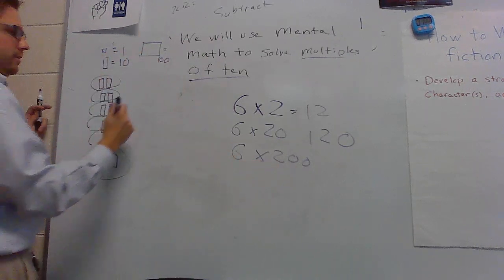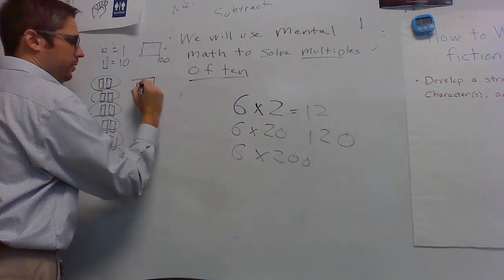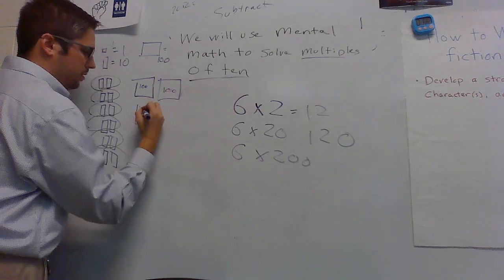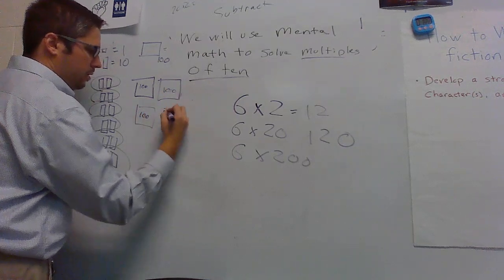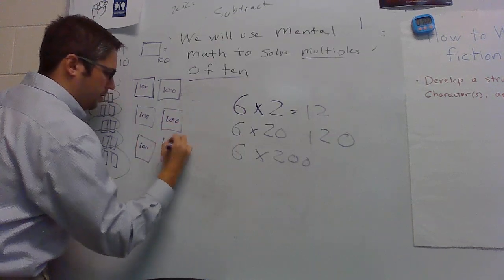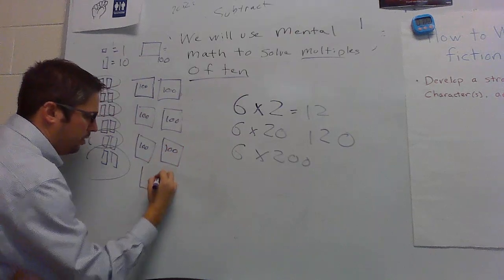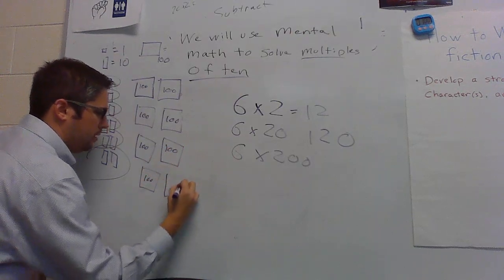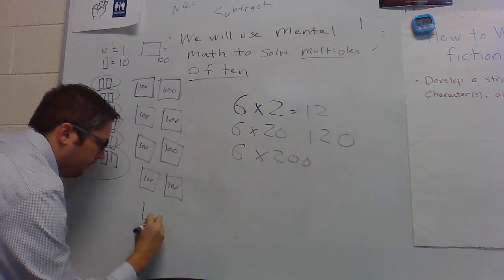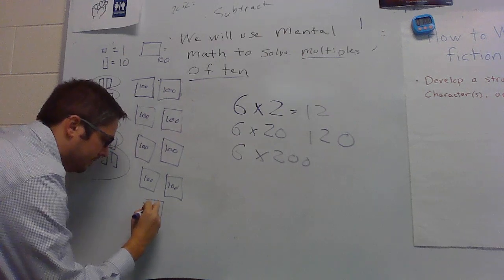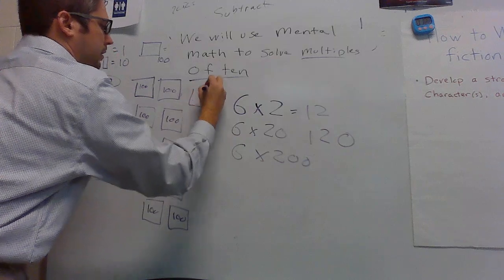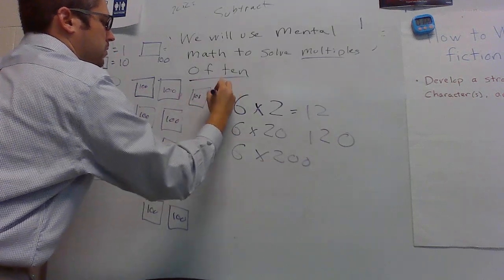A big square stands for 100, so I'll put a 100 in there so you remember. 4, 5, 6.